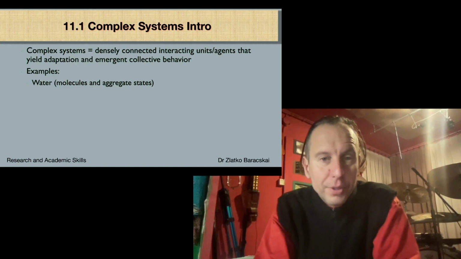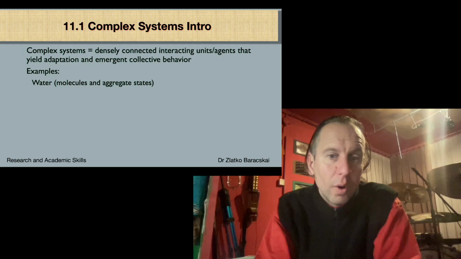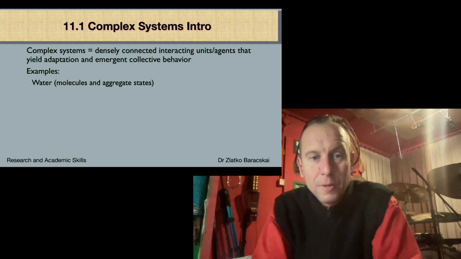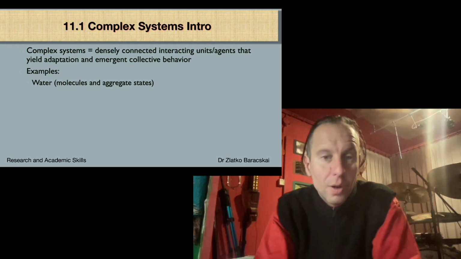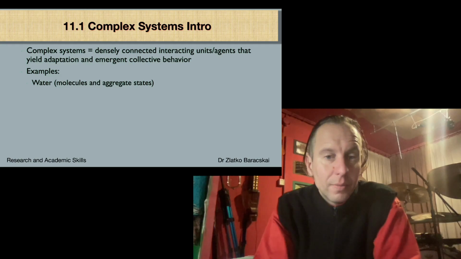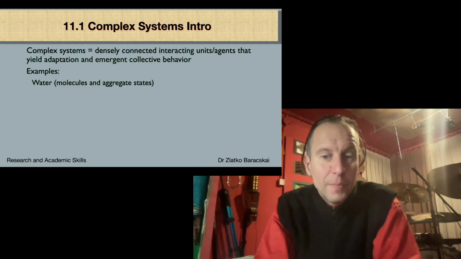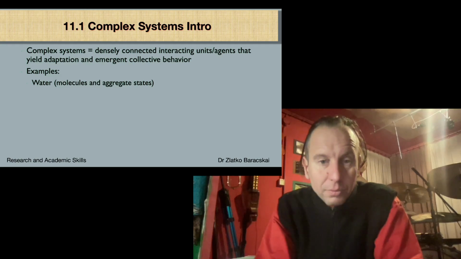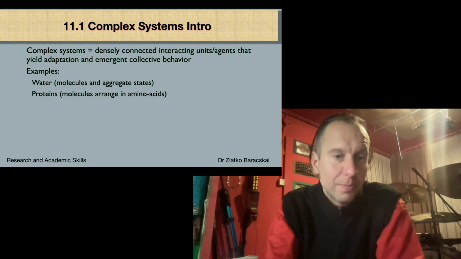Another property that water has, which is typical of complex systems, is that it has different phases, or as we say, different aggregate states. So the elements remain the same, the molecules are the same, but depending on temperature, we might have ice, water, or vapor, which highlights how the overall structure is much more complex than everything we can say about its components.